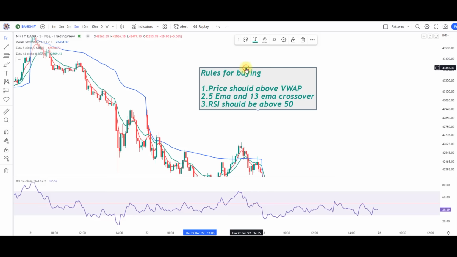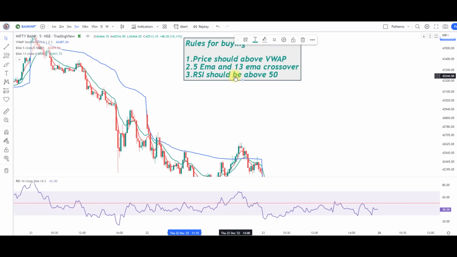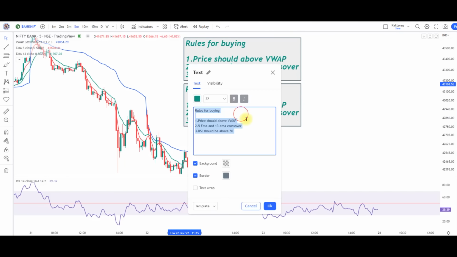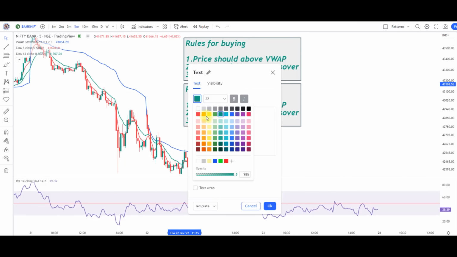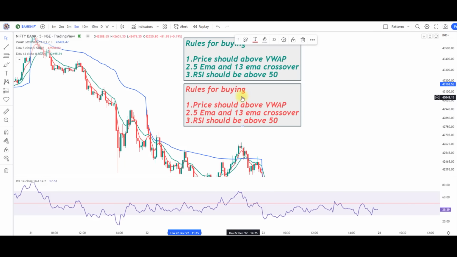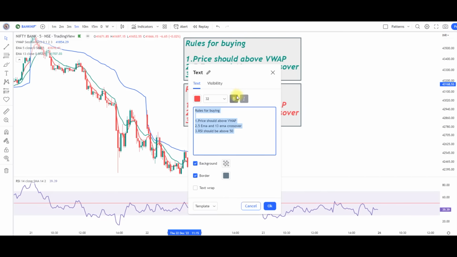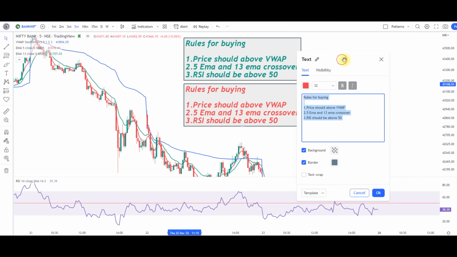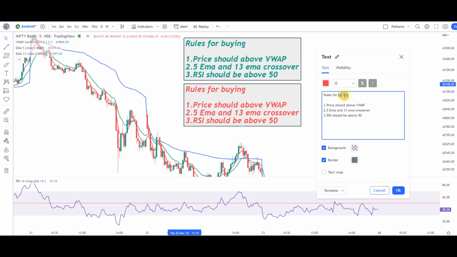Next is rules for selling. So what are the rules for selling now?